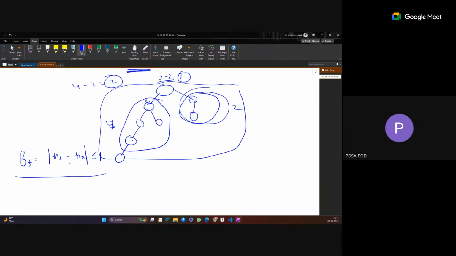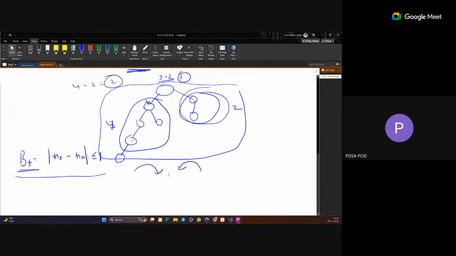If for any node the balance factor is not less than or equal to 1, and it increases to 2 or 3, then we will consider it unbalanced, and then we will apply rotations on the tree. Some rotations we will apply to make the tree balanced. So this is the idea of the AVL tree concept.